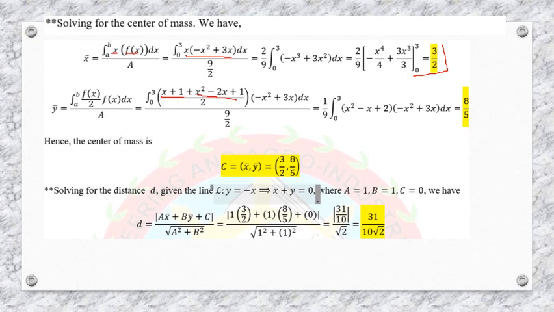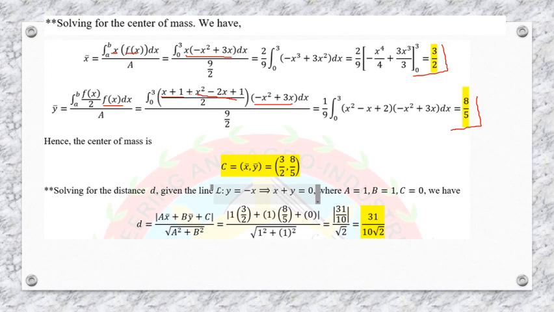Recall that the height of the rectangle is the line minus the parabola, but for the center of mass it is the line plus the parabola, over 2. Then the area is 9 over 2. So taking the reciprocal, we have 1 over 9, because 2 over 9 times 1 half is 1 over 9. Evaluated from 0 to 3, we have 8 over 5. Hence, the center of mass is 3 over 2 and 8 over 5.